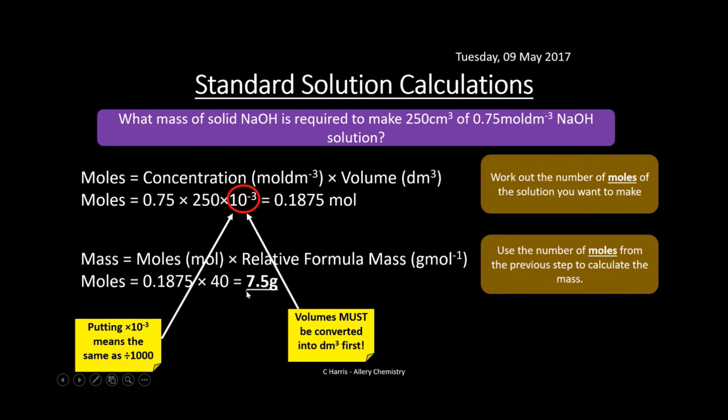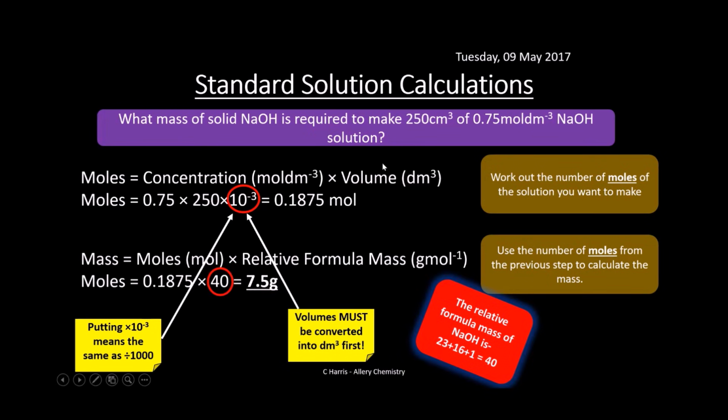Multiply by the number of moles, and we get the mass, which is 7.5 grams. That should say mass on there, not moles. Okay, so obviously because this is a mass, it's 7.5 grams. Relative formula mass, like I say, of sodium hydroxide, 23 plus 16 plus 1 is 40.